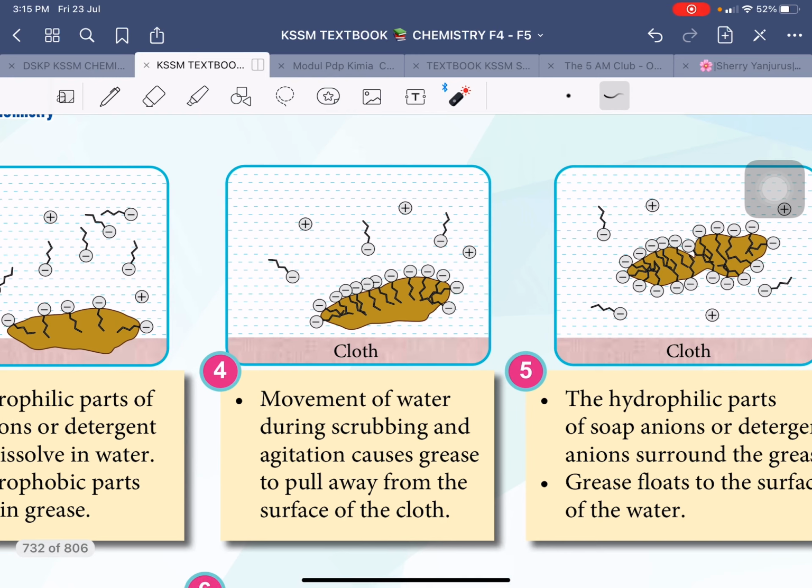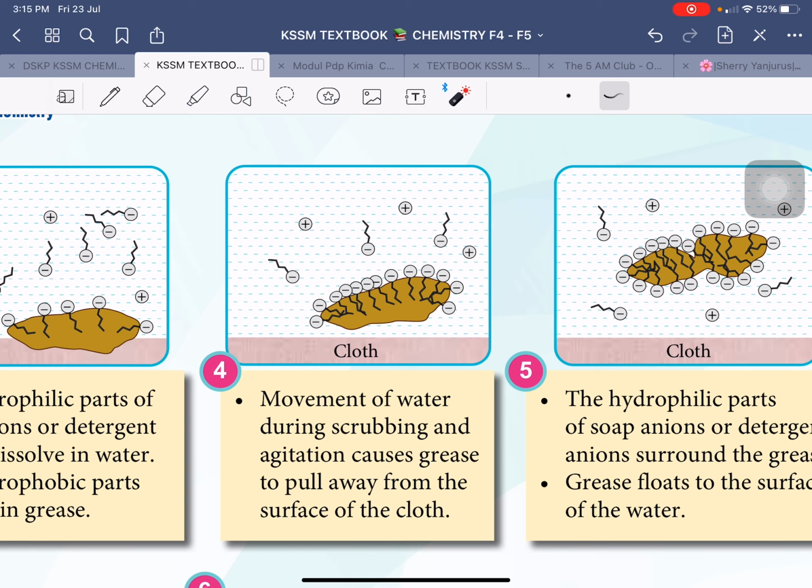Okay, next. Movement of water during scrubbing and agitation causes grease to pull away. Okay, movement. Kan kalau kita cuci baju ni, kita mesti akan membilas bah. Okay, scrubbing, scrub. You're going to bilas-bilas your baju kan. Mustahil lah kamu kasih diam-diam saja dalam baldi, right? Atau washing machine. Washing machine, you know how it works kan. It's going to spin.